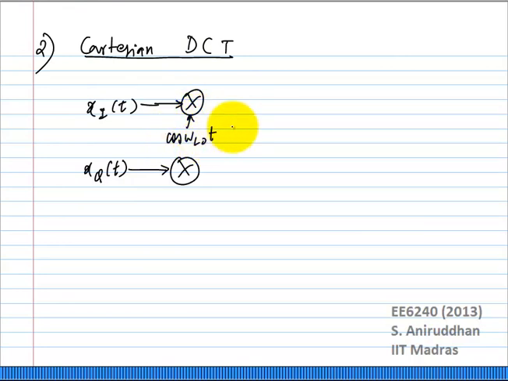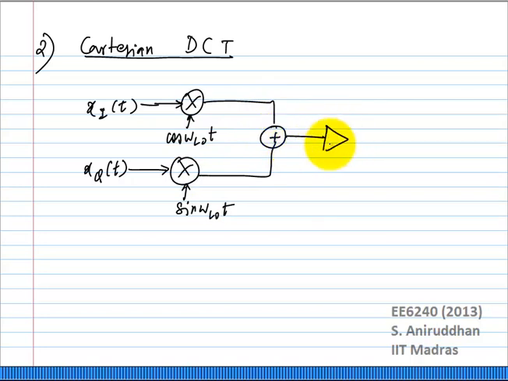So I am going to mix xi with cos omega LO t and xq with sin omega LO t. I'm going to add the two. What I have here is x of t equals xi of t cos omega LO t.